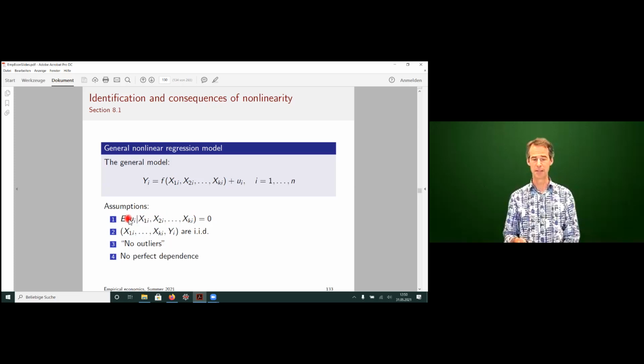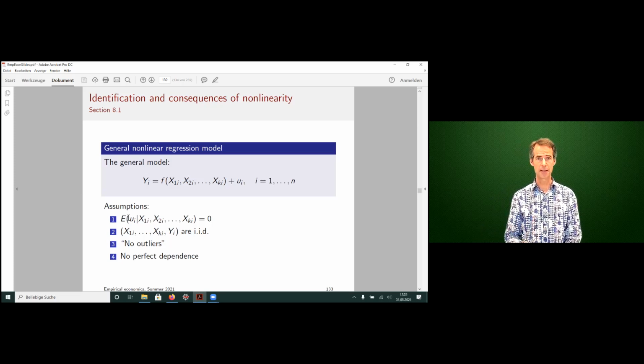It says that the expected value of the error term given the regressors is 0. Okay? So we do not have error terms which are larger than 0 on average for certain combinations or areas of the regressors, and negative values in other areas, but we assume that the expected value does not depend on the regressors.